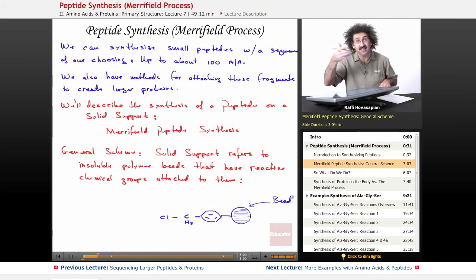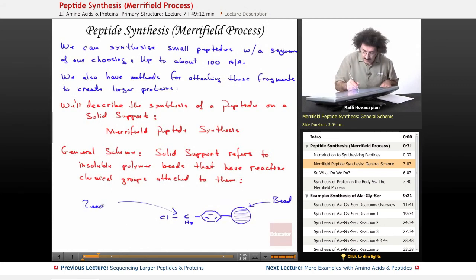You can actually see it like sand at the bottom of a glass of water. And this is our reactive chemical group right here. In this particular case, it happens to be an alkyl halide. This chlorine is going to be a good leaving group, chloride, so you can imagine the chemistry is going to take place right here. Some nucleophile is going to come in and displace the chloride.